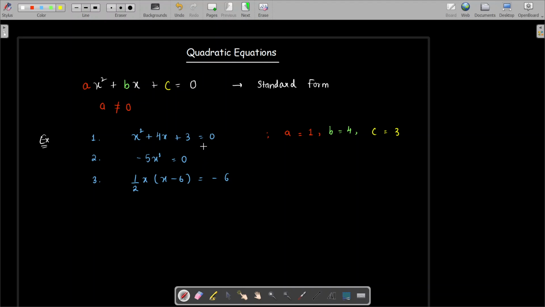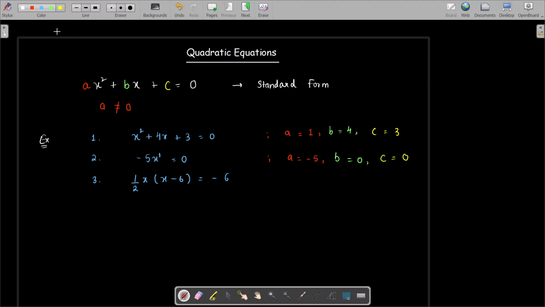In the second example, the coefficient of x² is -5, and since there is no x term, the value of b is 0, and there is no constant term, so c is also equal to 0.